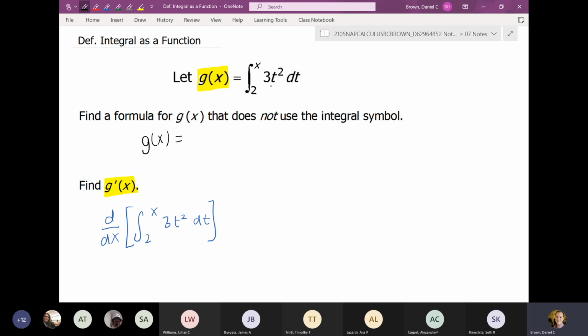So when we're evaluating an integral, we can go ahead and find the antiderivative. The antiderivative of 3t squared would be t cubed, top and bottom number. And then we evaluate it by plugging in the top number minus plugging in the bottom number. And I'm just going to write this as x cubed minus 8.